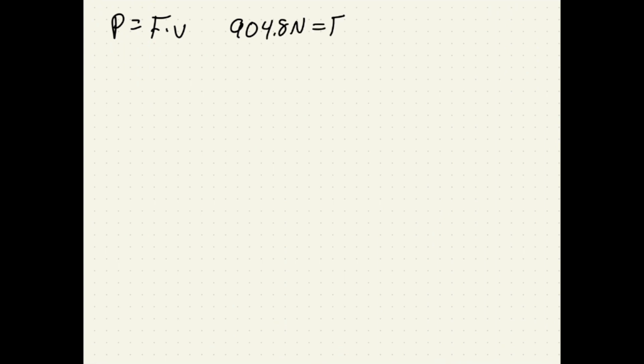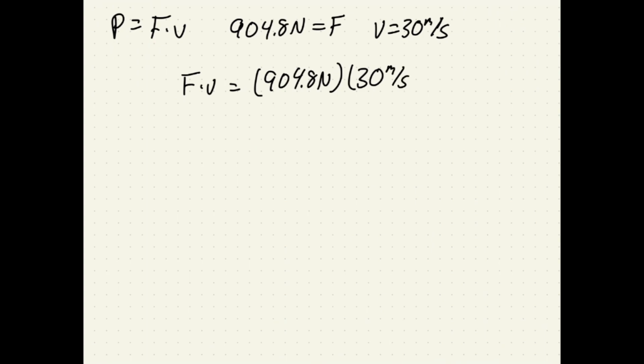That's the force my engine will exert on the object. And then I have a velocity that I'm trying to reach, which is 30 meters per second. So all I have to do is take those two numbers, F times v, which would be 904.8 newtons times 30 meters per second, and I would get 27,144 watts. That would be my answer. That's my power rating for my engine for that.